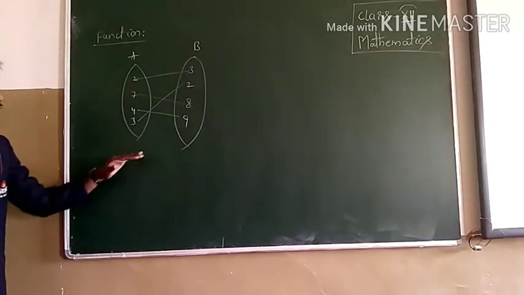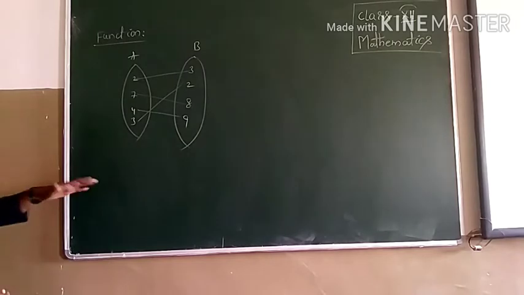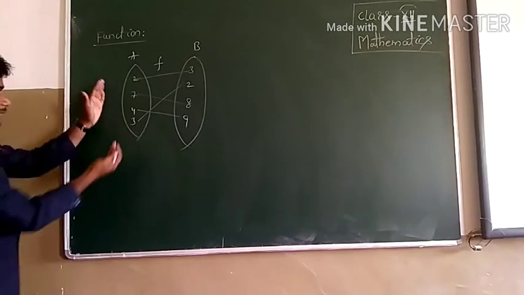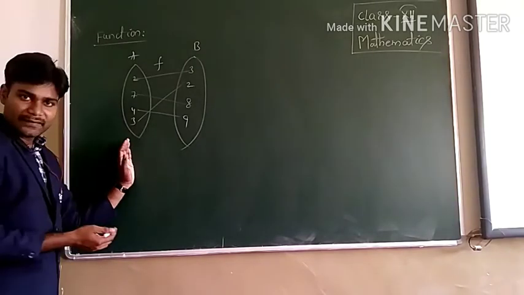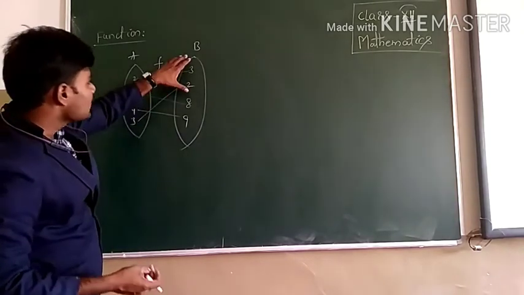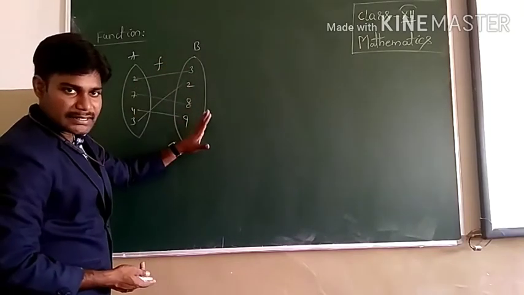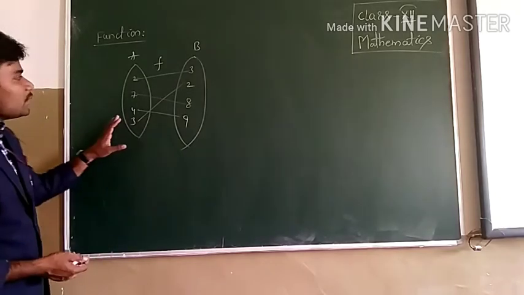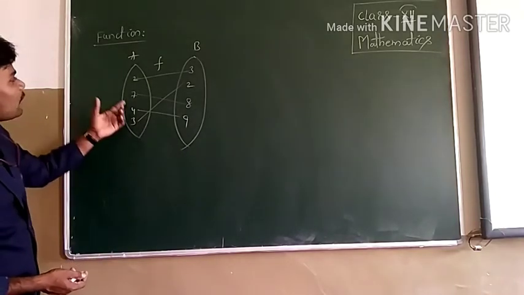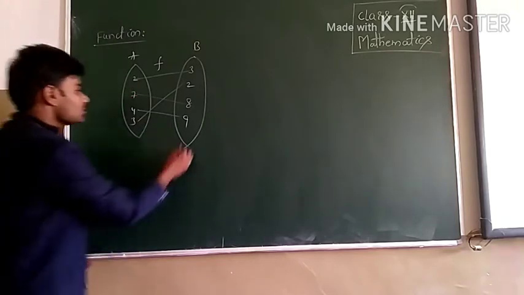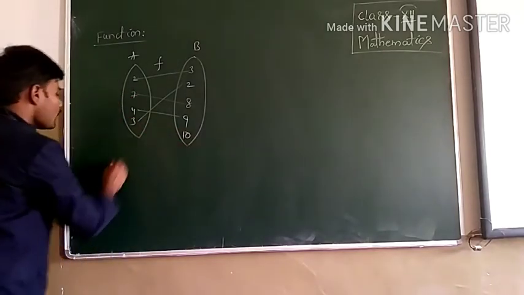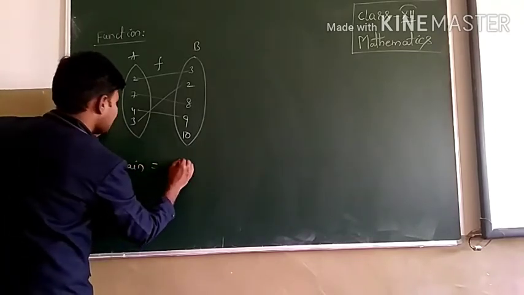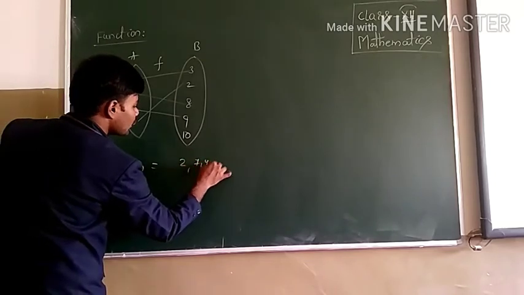Now, I am going to write the domain, codomain and range of the function. I already defined that the elements available in set A define the domain, and the elements available in set B represent the codomain, and the range is the set of all the elements which are images of elements in A. Now the domain is equal to all the elements in set A: 2, 7, 4 and 3.